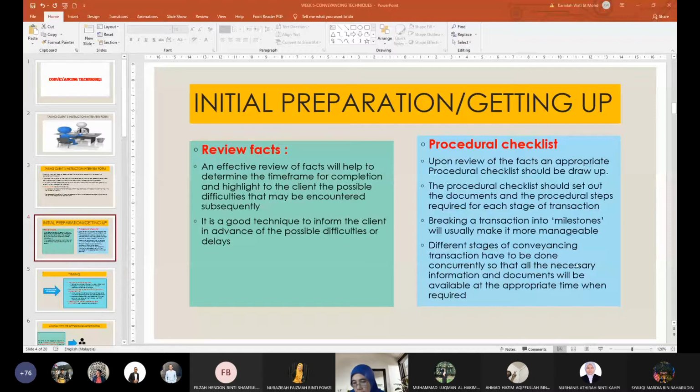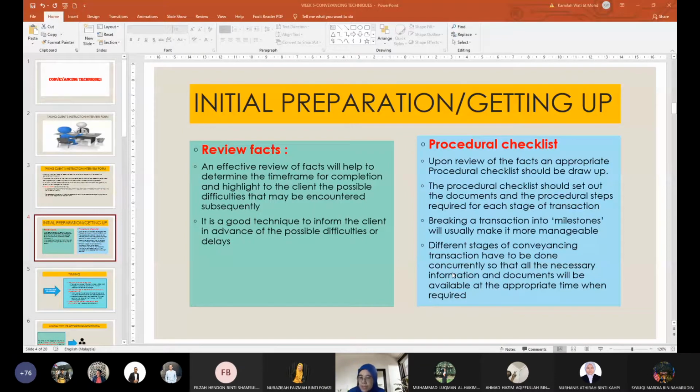Different stages of conveyancing transaction have to be done concurrently so that all the necessary information and documents will be available at the appropriate time when required. So when we do conveyancing, kita bukan buat step by step. Kita juga buat certain proses tu concurrently.